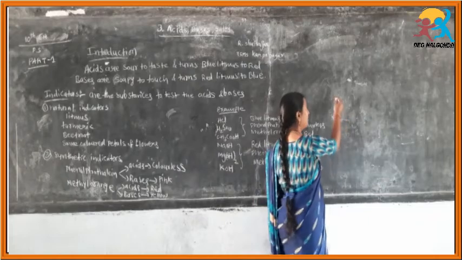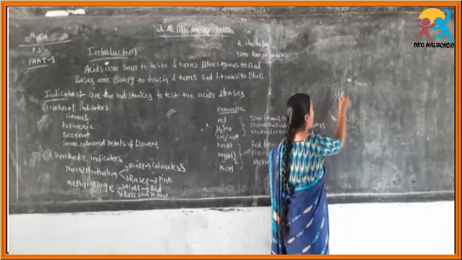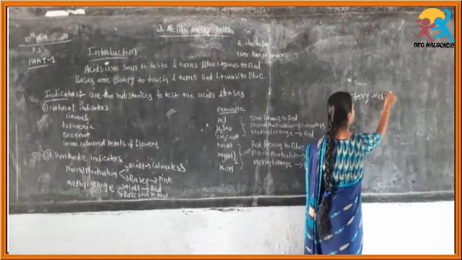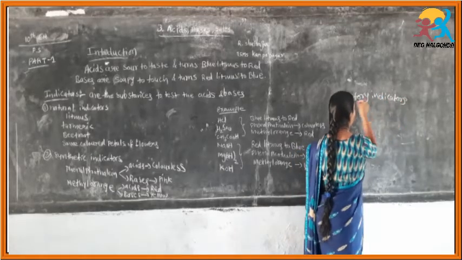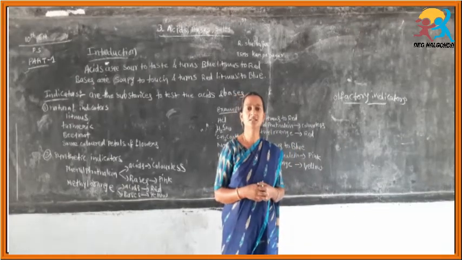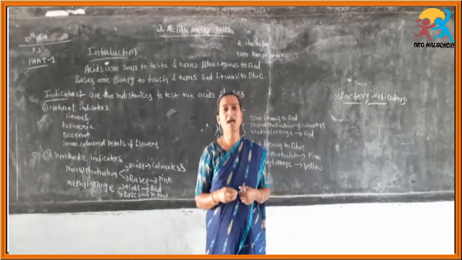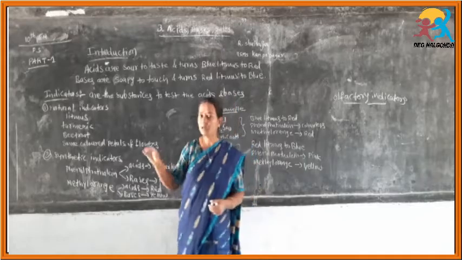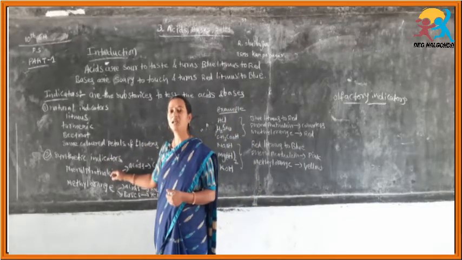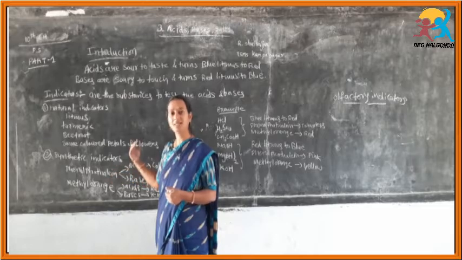Another type of indicator is the olfactory indicator. Olfactory indicators are substances whose odor changes on adding acids and bases. With natural and synthetic indicators, by the change in color we can observe acidic and basic substances.